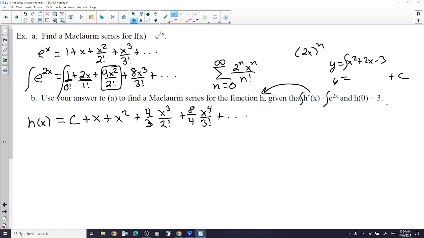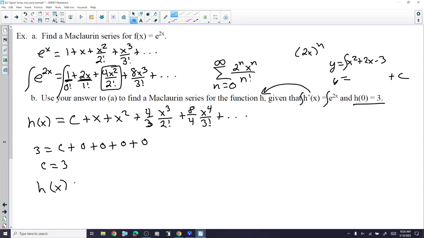Now they say that h of 0 is 3. So 3 is equal to c plus 0 plus 0. All of these are going to have an x in it. All of those end up being 0. So c is equal to 3.